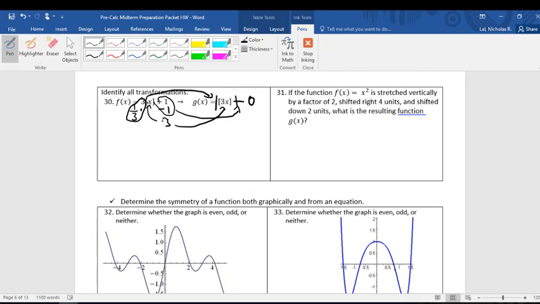So what do these three transformations do? Well, that's going to be a vertical shrink by 1/3.